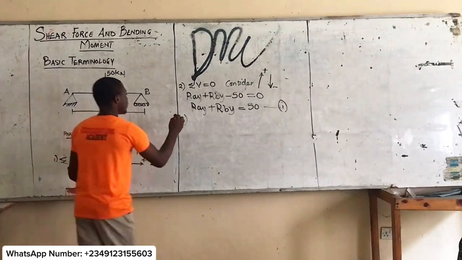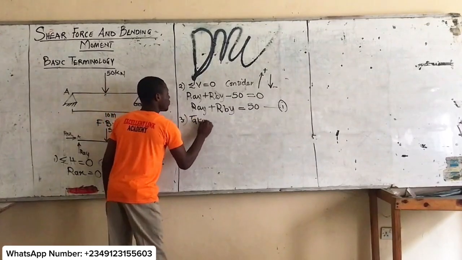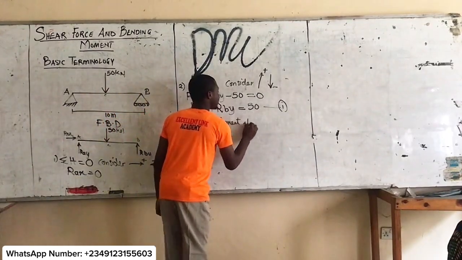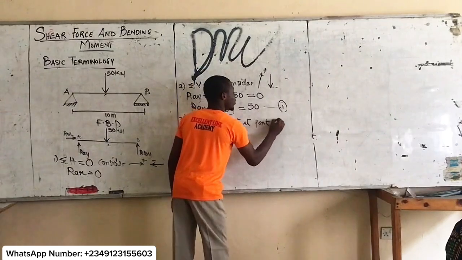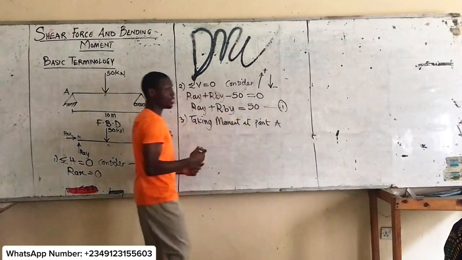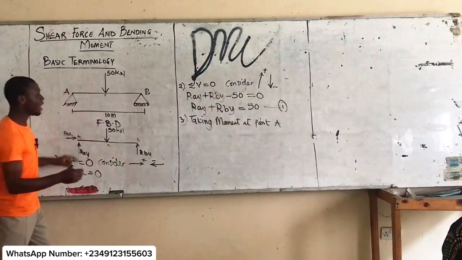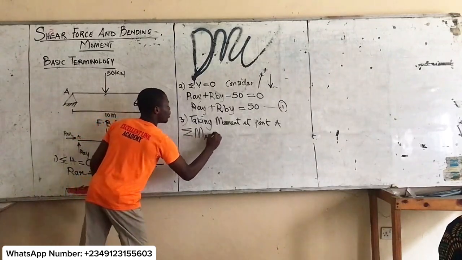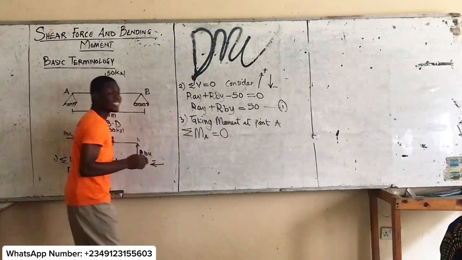So now, taking moment at point A, right? At point A, I'll have the summation of moment at A equal to 0. That's the condition now.